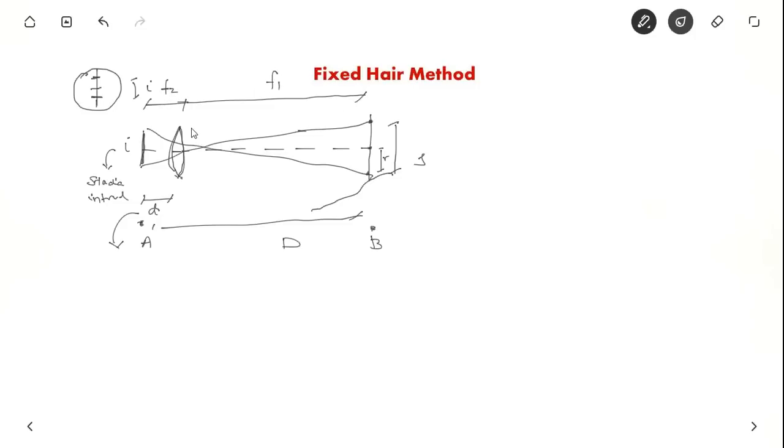We know by law of similar triangles that the ratio of length of perpendicular to the base is constant.